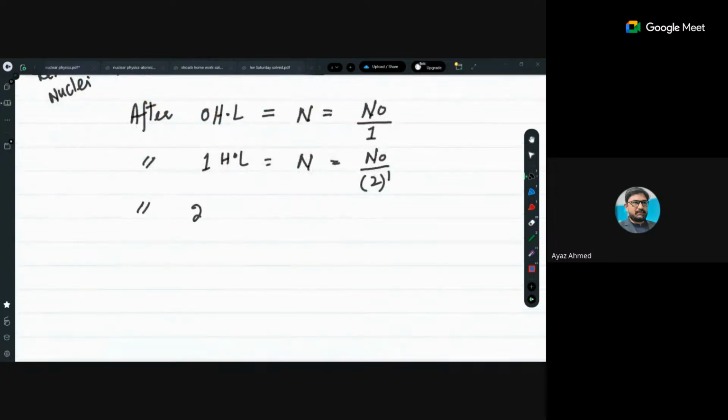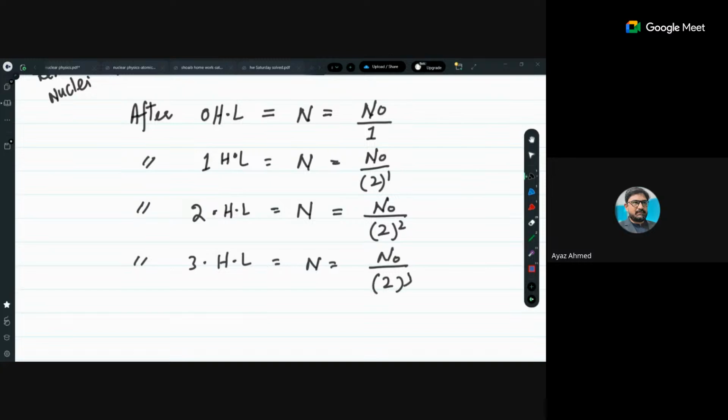After two half-lives, the remaining number is the original number divided by 2 power 2. After three half-lives, the remaining number is the original number divided by 2 power 3, and so on.